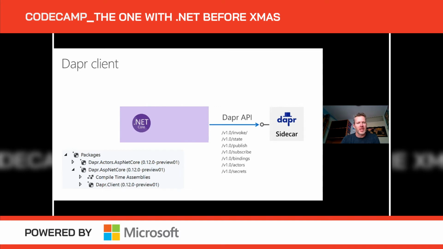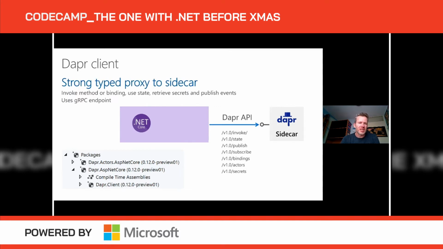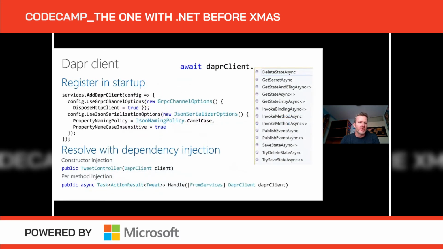And what happens is with the Dapr client, you get this proxy that is strongly typed, so you can use regular methods with the NuGet package in the client. So you actually have a means of communicating with the sidecar differently from using the raw HTTP or gRPC endpoints. And if you want to use that, you need to add the NuGet package to your application code.